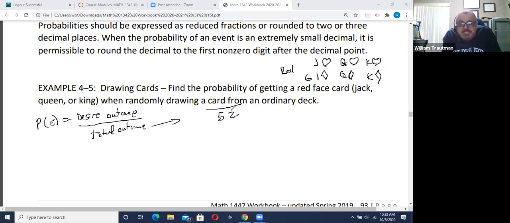So there are 6 red face cards out of 52. 6 out of 52. So our answer has to be a fraction, and it has to be a reduced fraction. Anybody know what the answer should be?